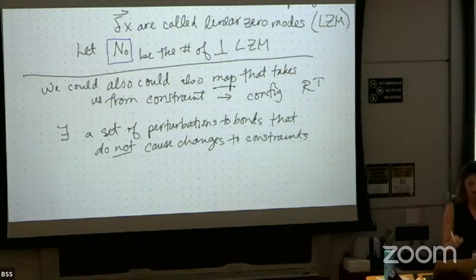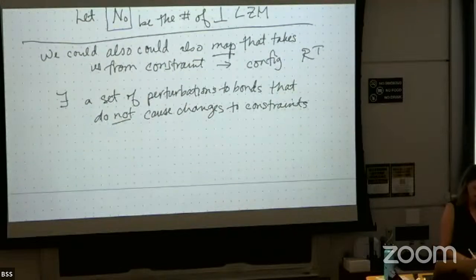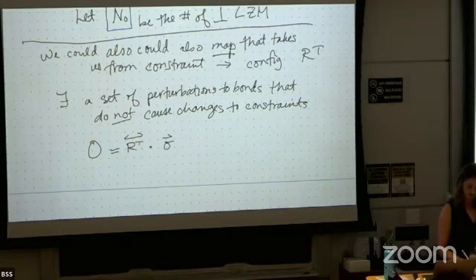Okay, and so the units of these bonds are basically forces or tensions. So this is a set of tensions on the bonds, right, that don't perturb the constraints. Okay, so that would mean that 0 is equal to R transpose dot, and I'm going to use sigma for these objects that live in bond space.